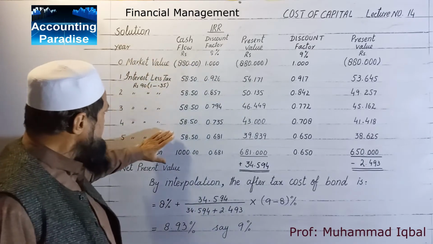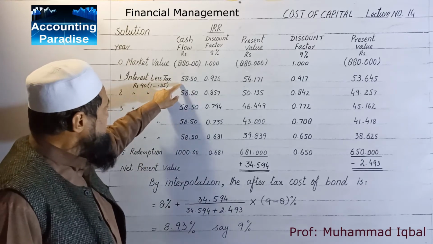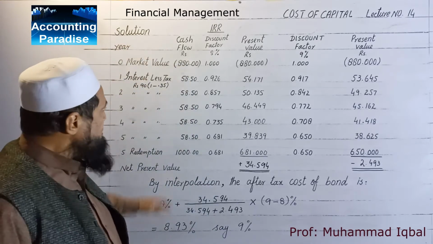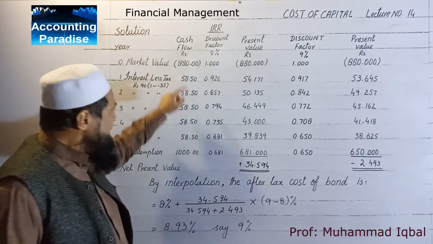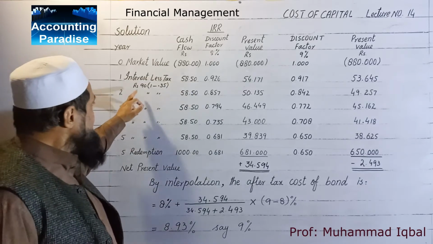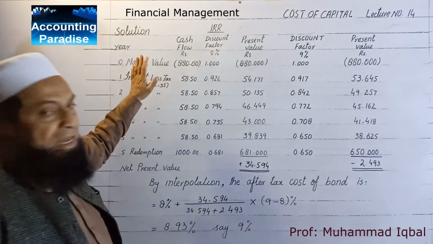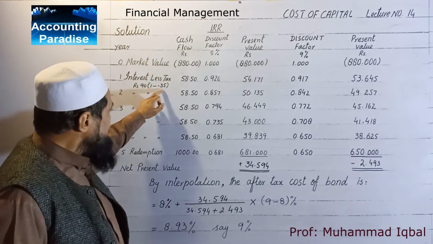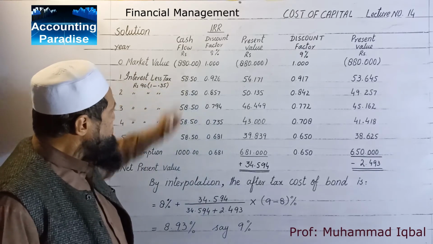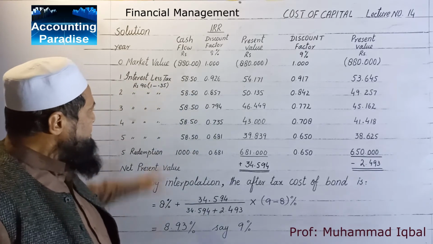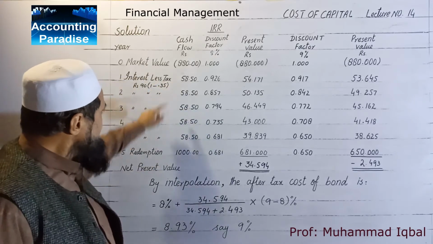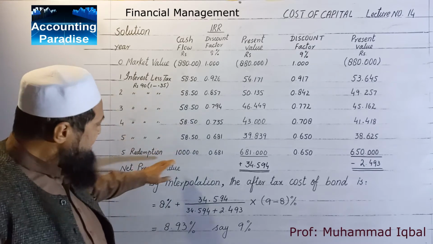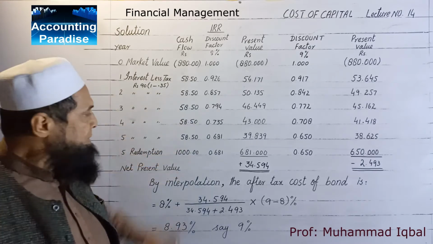These are the cash flows, and this amount is the market value of the bond. The interest is rupees 90, as the bond is 9%. When we deduct tax from that, it comes to 58.50. For 5 years this will be 58.5, and redemption is at par, rupees 1000.